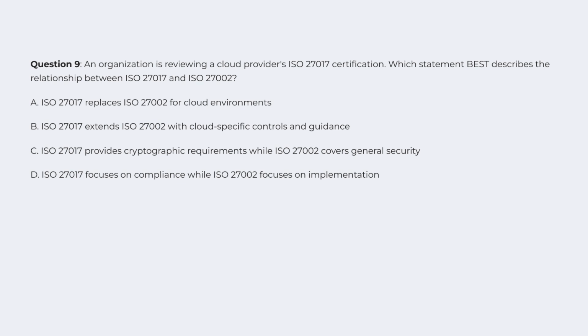B. ISO 27017 extends ISO 27002 with cloud-specific controls and guidance. C. ISO 27017 provides cryptographic requirements, while ISO 27002 covers general security. D. ISO 27017 focuses on compliance, while ISO 27002 focuses on implementation.